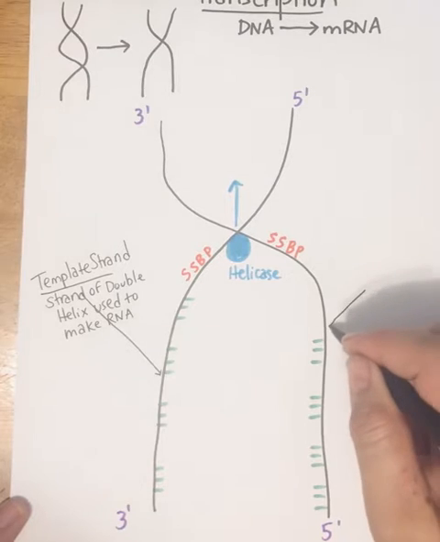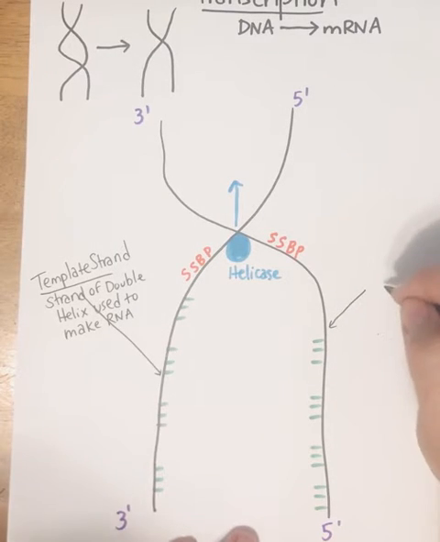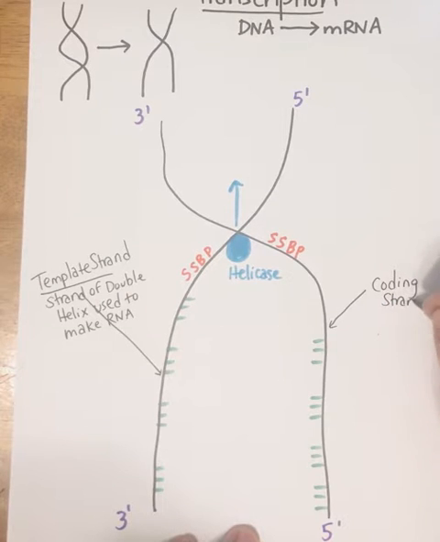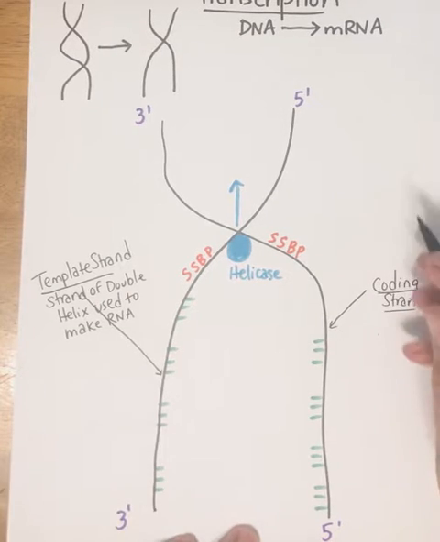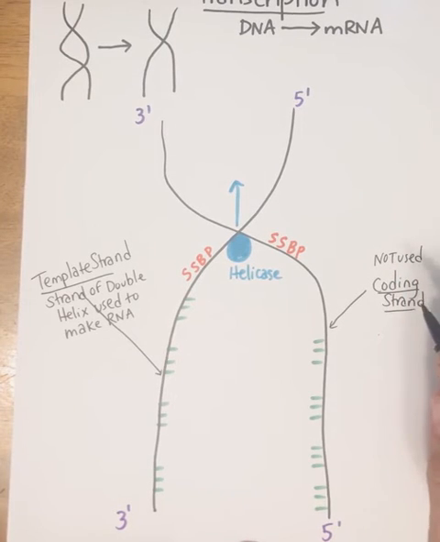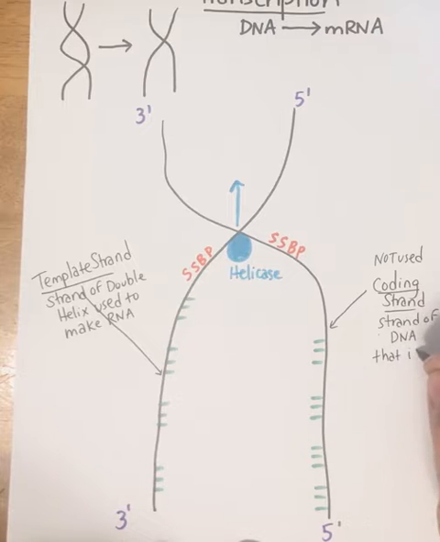This strand is not used, but we call it the coding strand. It is not used, but it is the coding strand. This is the strand of DNA that is complementary to the template strand.